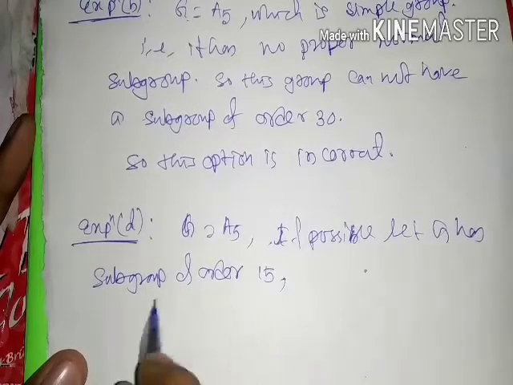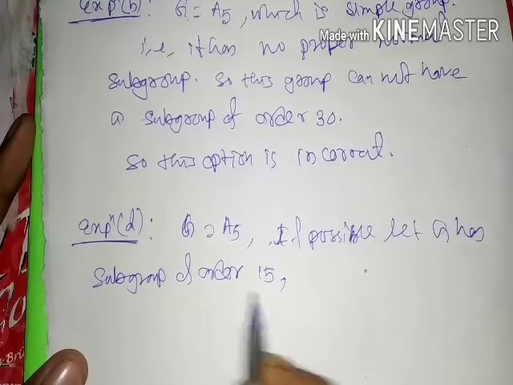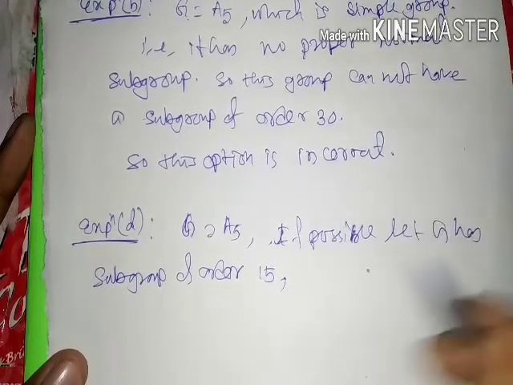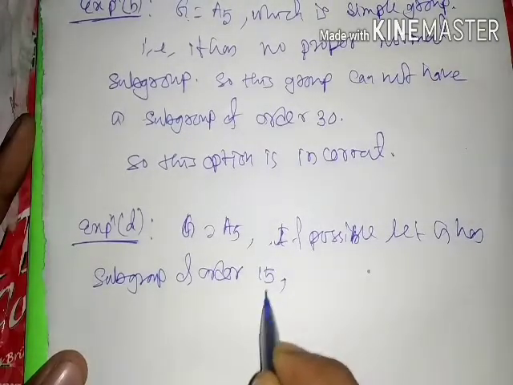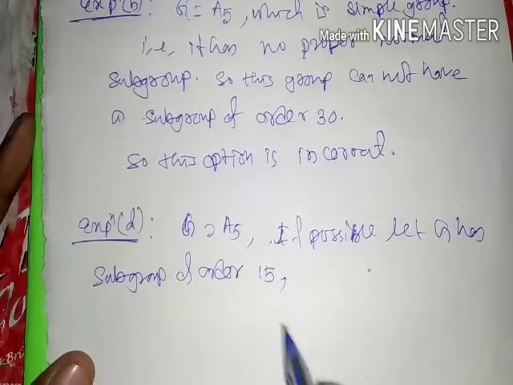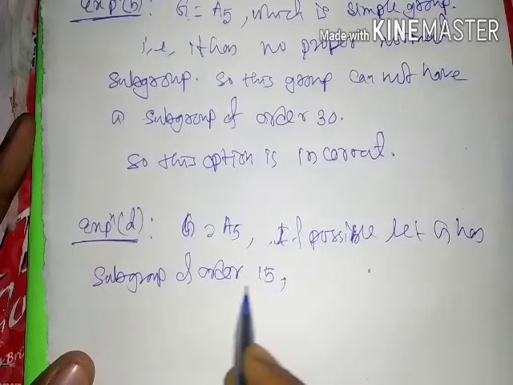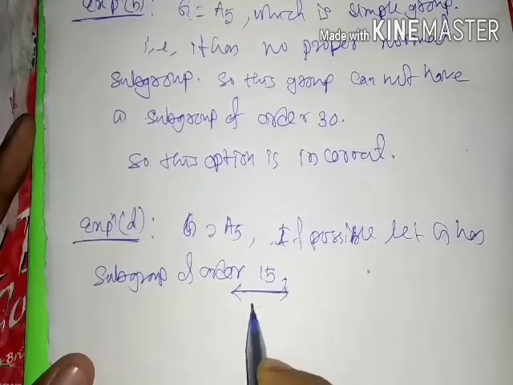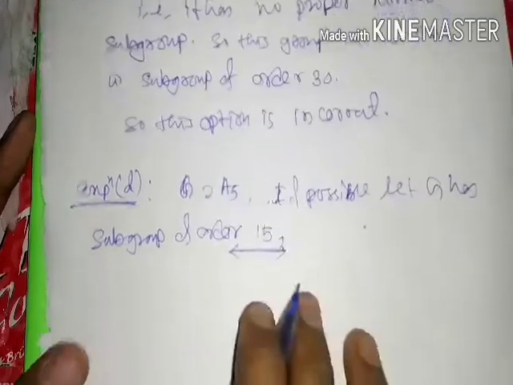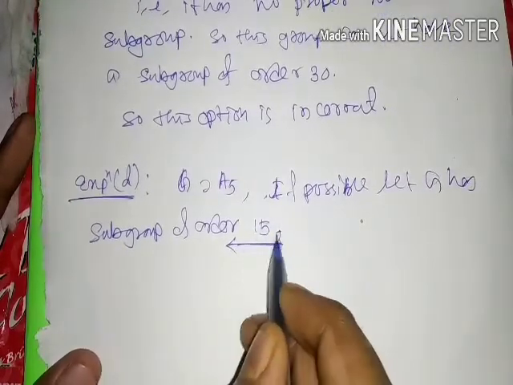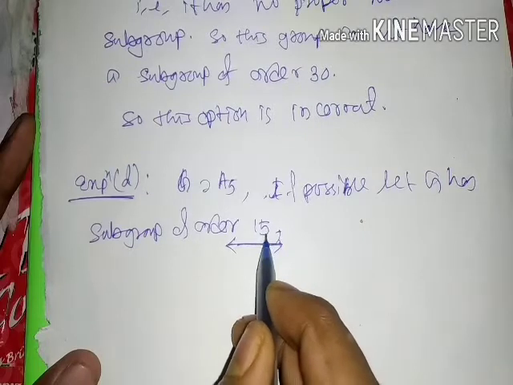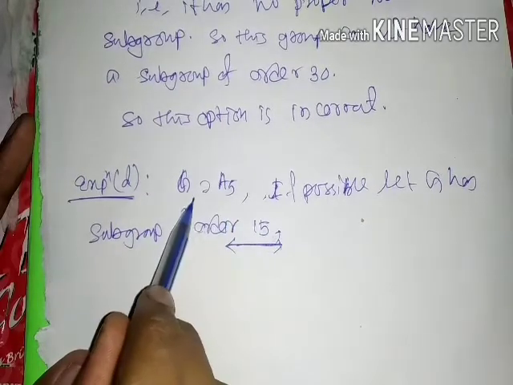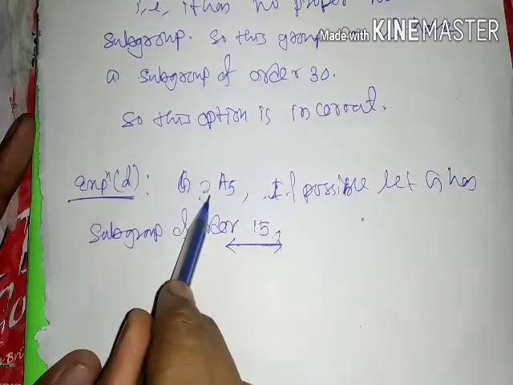So this group is cyclic. So this subgroup is cyclic. If this group is cyclic, then this group has an element of order 15, but G has no element of order 15.